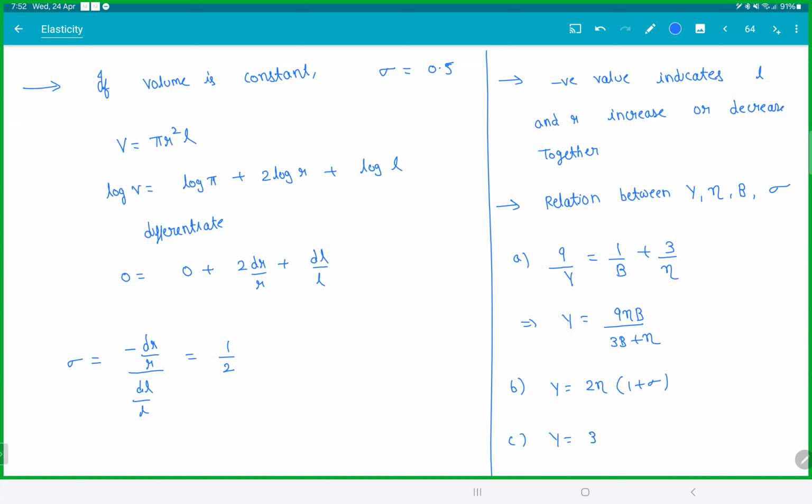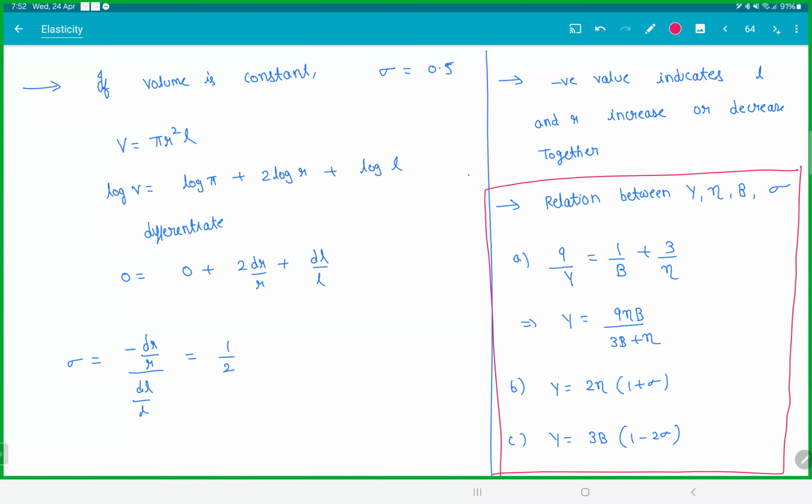Y is also equal to 3 bulk modulus times 1 minus 2 sigma. These are the three relations which you need to mug up. They're in the NCERT, so we don't need a proof for that. This would be mostly a BITS or a CET level question. They'll just directly ask you to find the relation between them.